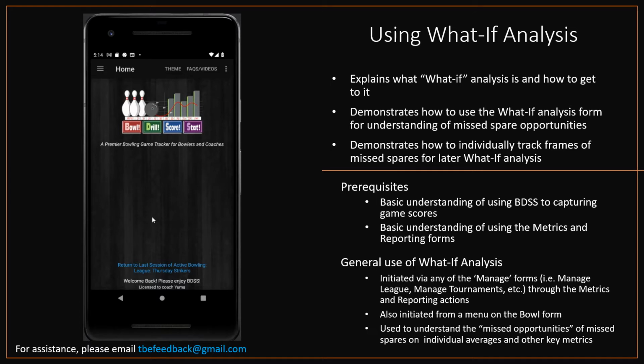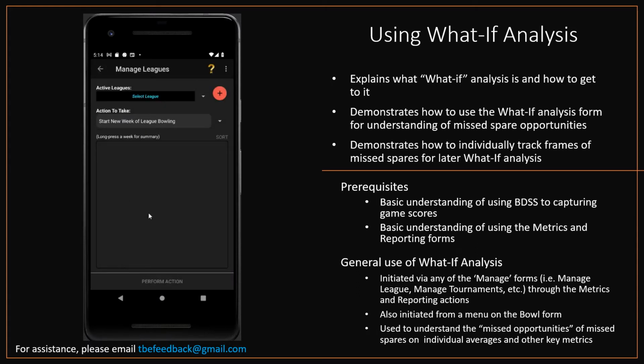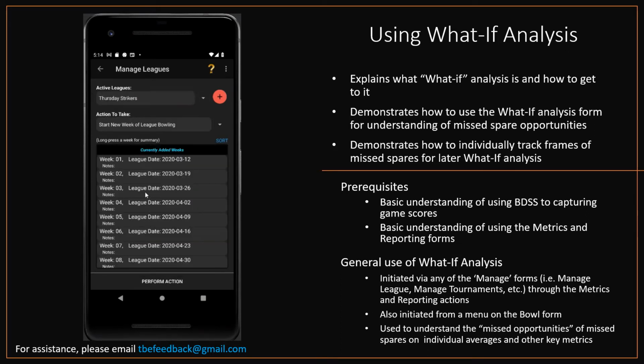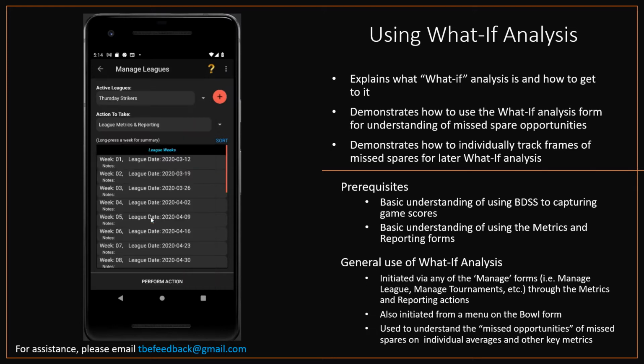So let's get started. From the Home Forum navigation menu, choose League to take you to Manage League. Under League, choose Thursday Strikers. And under Actions to Take, I'm going to choose League Metrics and Reporting. And I'm going to select Week 1 and click Perform Action.